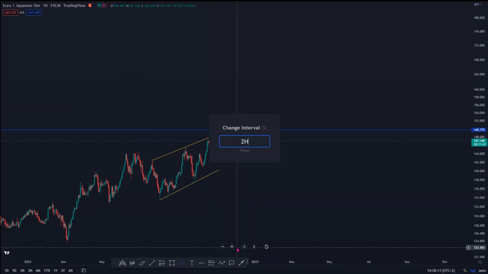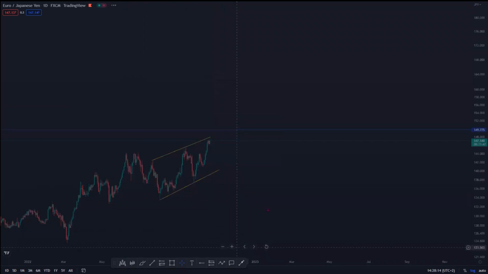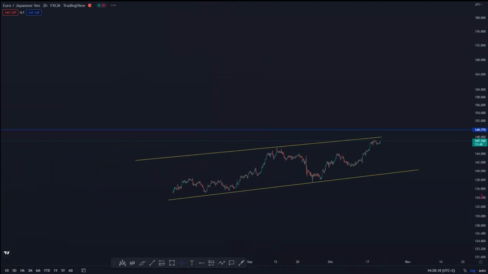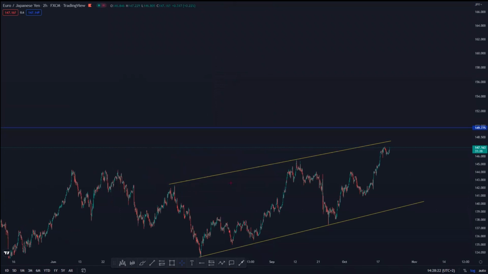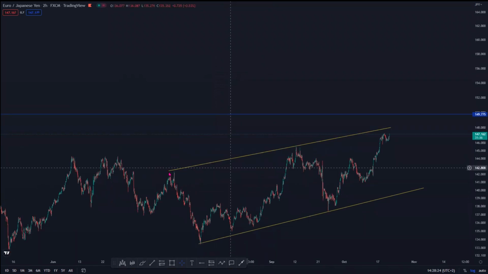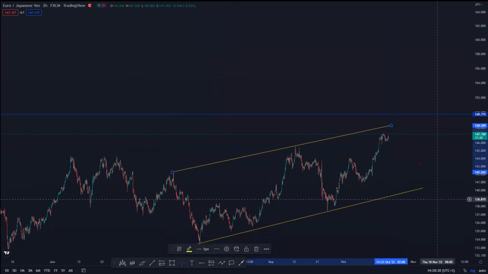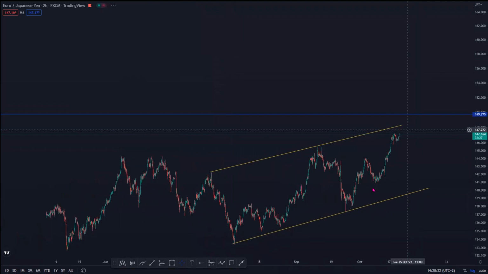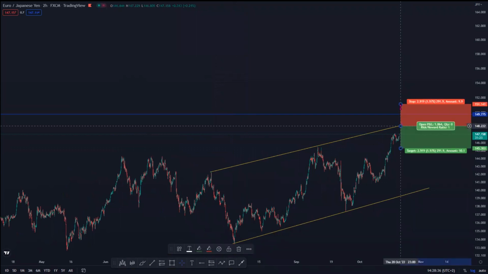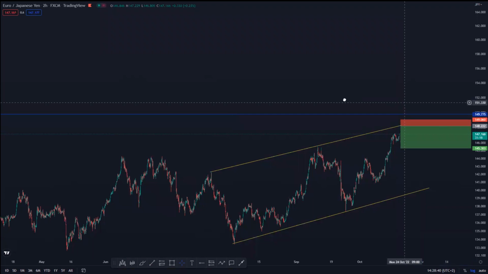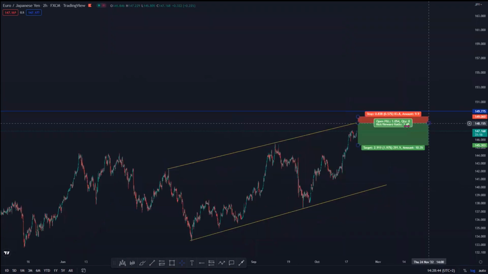Let's go to 2 hours and fix the trend lines. And let me just come here, fix the trend lines, and yeah, this is how it looks. Stop loss above the trend line.